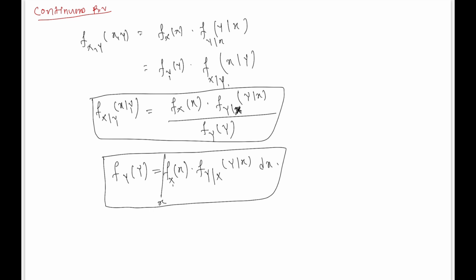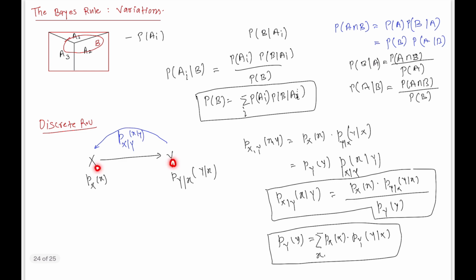In the next video we will look at one more variation where we will have one discrete and one continuous random variable. Here what we are trying to see is that both the random variables x and y are continuous. In the earlier case, both were discrete.